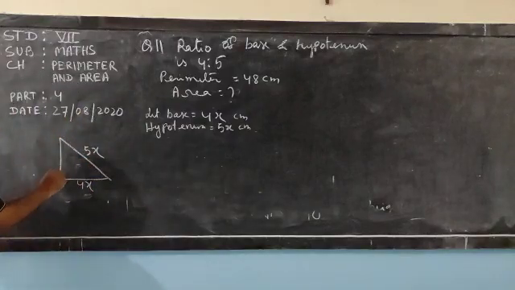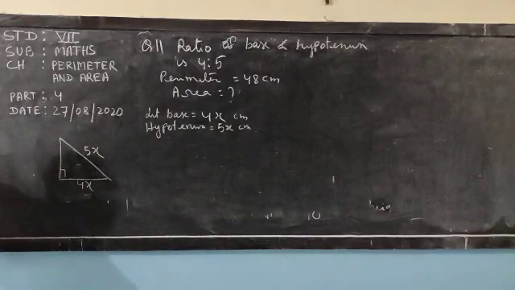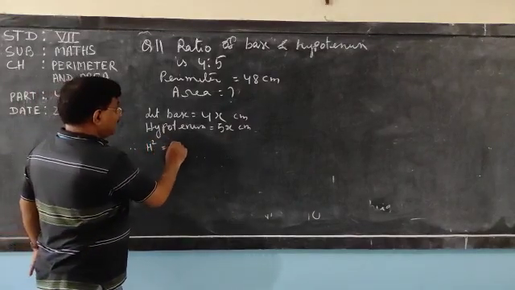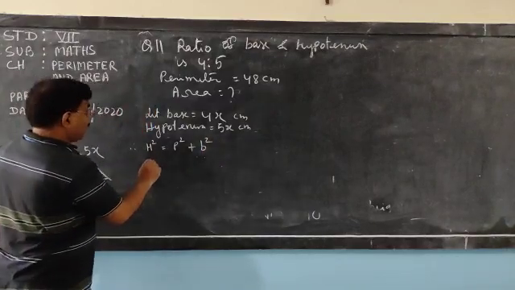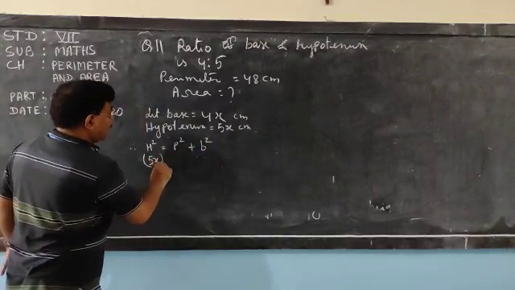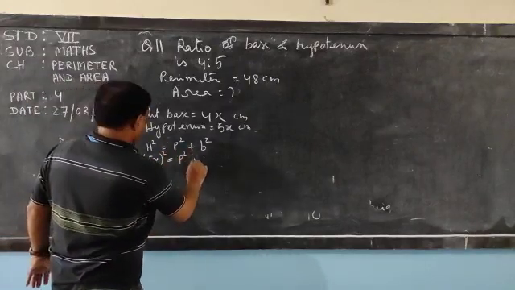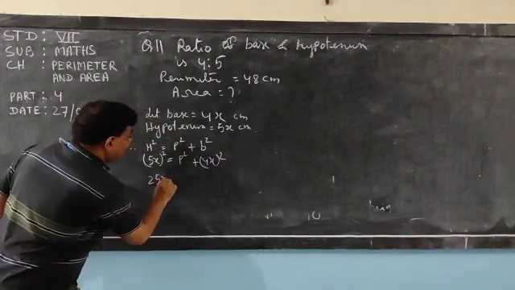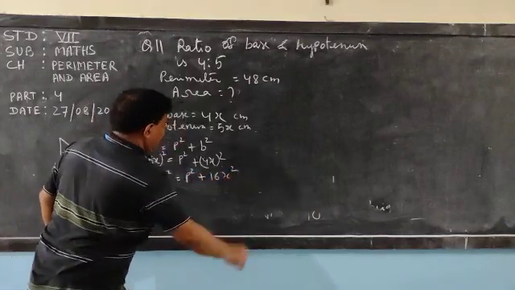Now if this is given, we can use Pythagoras theorem to find the perpendicular. We know h square is equal to p square plus b square. H square is 5x square, b square is 4x square, so 25x square is p square plus 16x square.